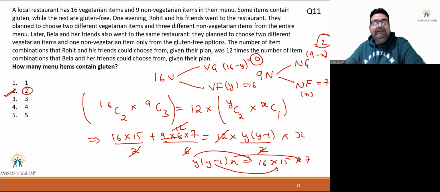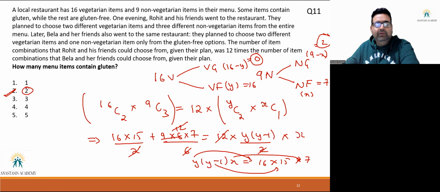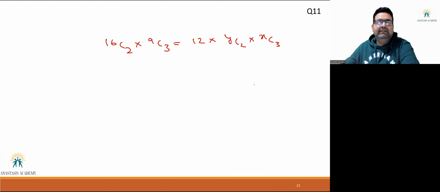So the other answer, which I did, was what my friend did. The other answer which I did was when I reached this stage, 16C2 into 9C3 equals 12 into YC2 into XC1. If instead of doing this in the open form, you actually calculate it, there is another possible answer.